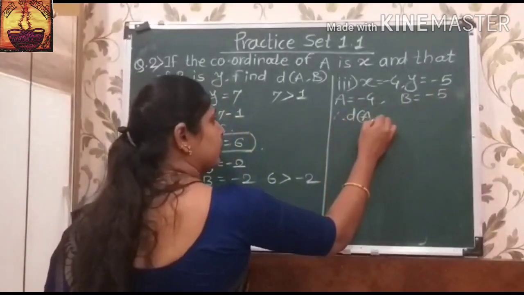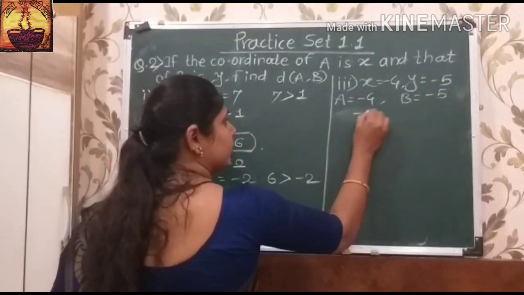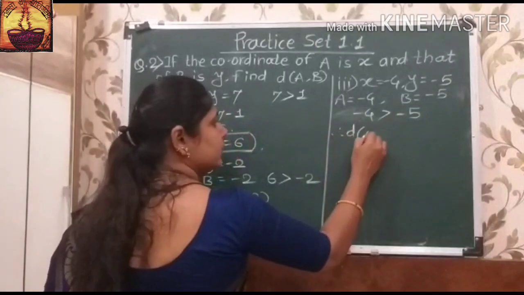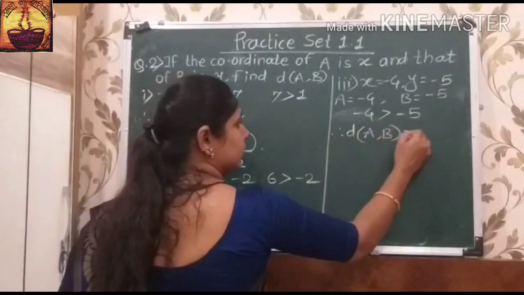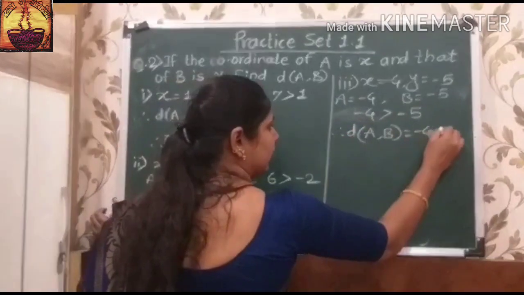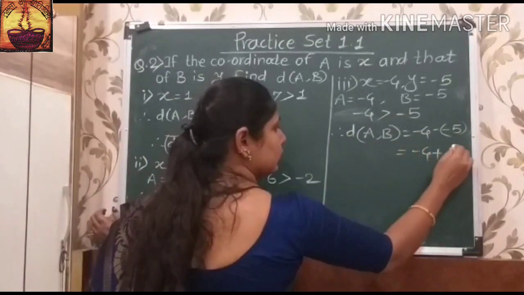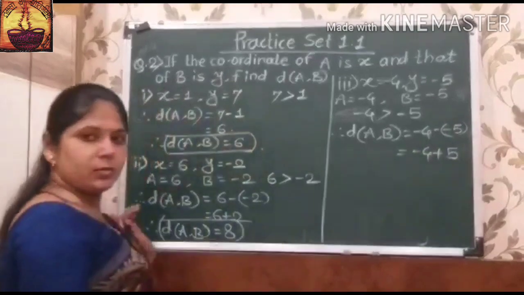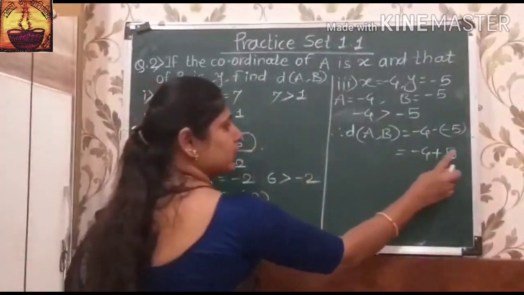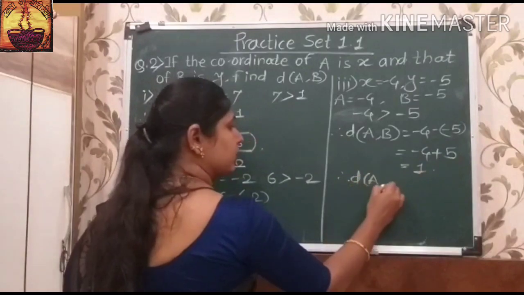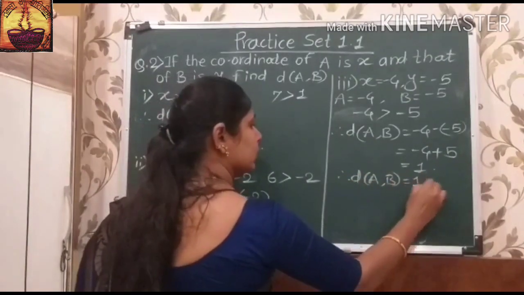We know that -4 is greater than -5. Therefore, for finding the distance AB, -4 minus of -5. Minus becomes plus, so -4 plus 5 is equal to 1. Therefore, distance AB is equal to 1.